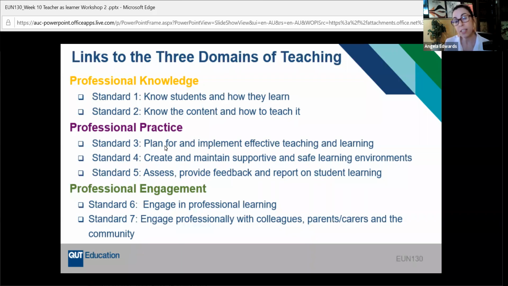So I suggest that you use the standards as a guide and ensure that you focus on each of the standards in some way. You don't need to cover every focus within each standard, but definitely relate directly to those ones that are connected to your personal beliefs about practice.